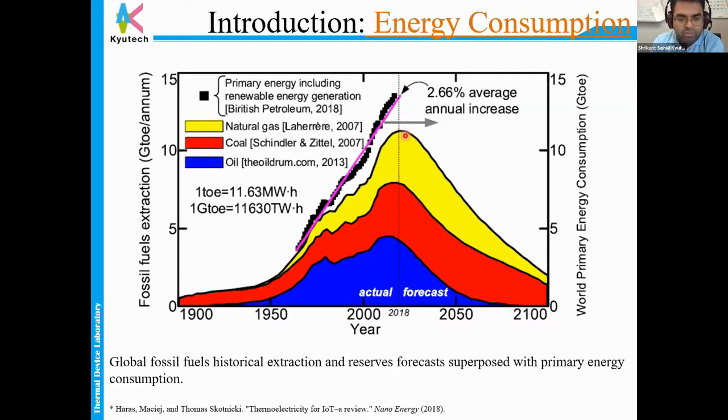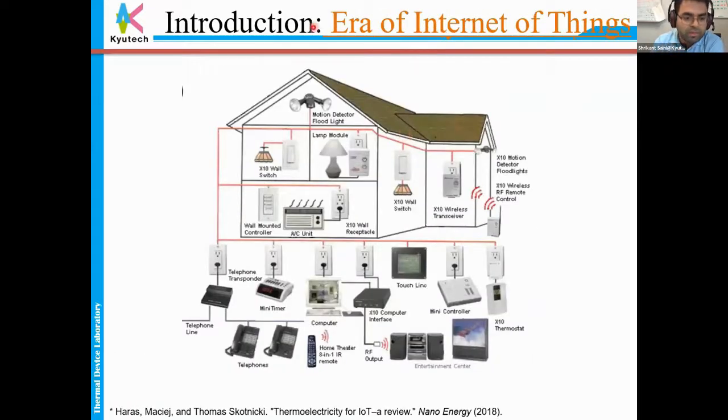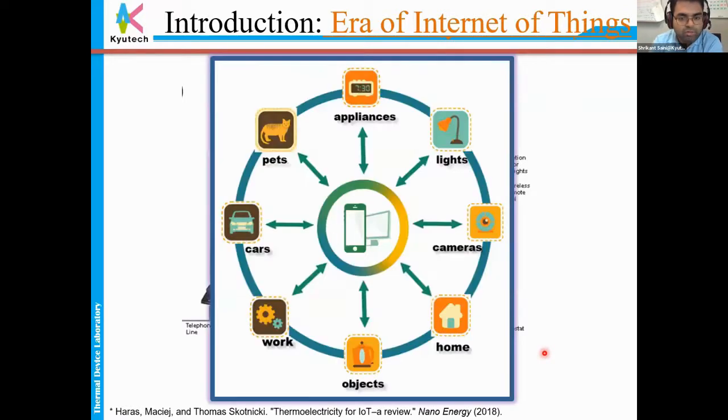So if we go to a more focused area, suppose our home, which is connected with many different instruments and different power cords with sensors. These connections are all done with different energy sources, but what we are entering at the moment is the Internet of Things, which means you have the freedom to control or connect all those appliances using a smartphone or a portable device.